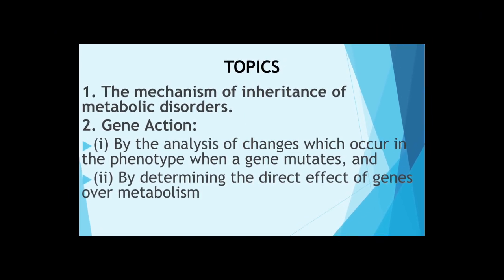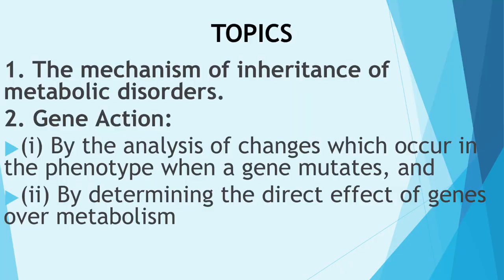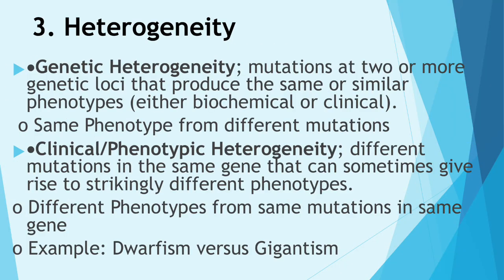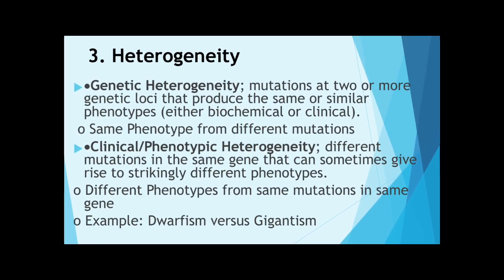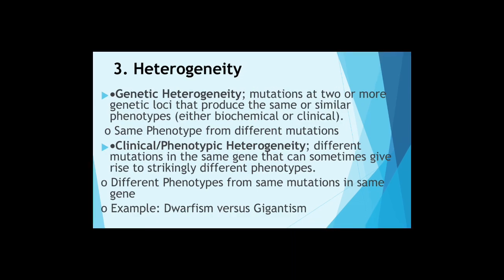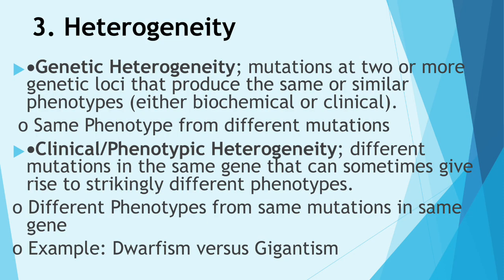The third topic here is heterogeneity. That's genetic heterogeneity, where you have mutations at two or more genetic loci that produce the same or similar phenotypes, either biochemical or clinical. You have the same phenotype from different mutations occurring as well.